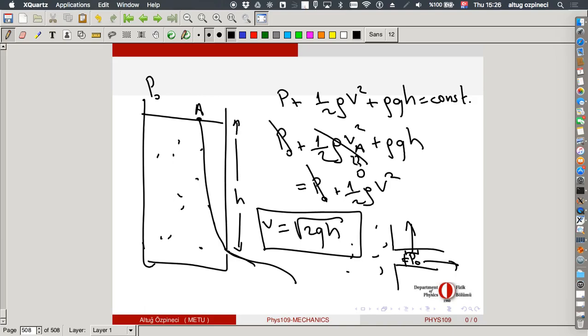And then, of course, this will not be true and your question will not be valid. But if you put some speck somewhere over here, flowing with the liquid, when it comes out, this will be its speed. Questions?